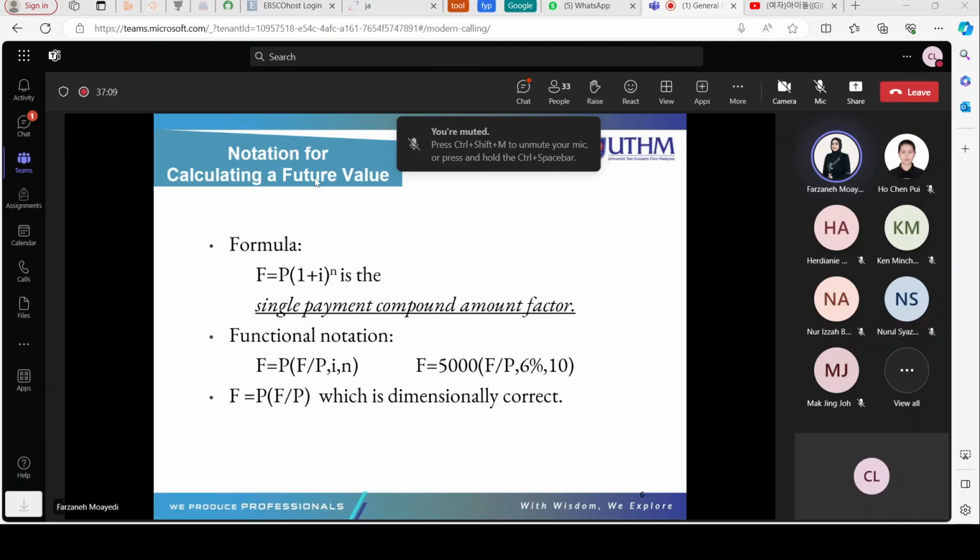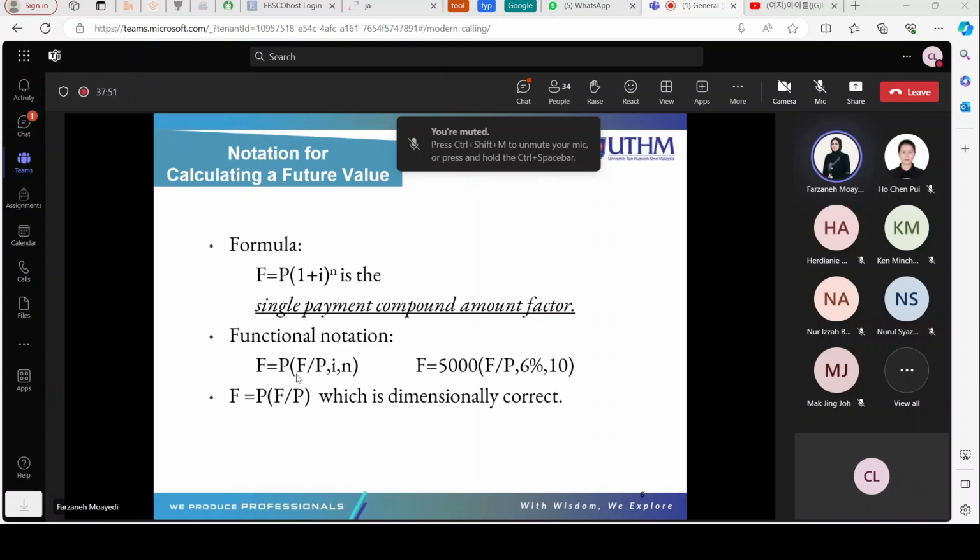So looking for the future value means that the future value is missing, and what is being given to you is definitely the present value. Similarly, in terms of the formula, we have F, which is missing, P, 1 plus I, which is the interest rate, to the power of N, which is the duration. If we want to put this into notation, which is definitely simpler for getting the answer, we can write it as F equals, because you're looking for F, P, the present value, which is given to you.